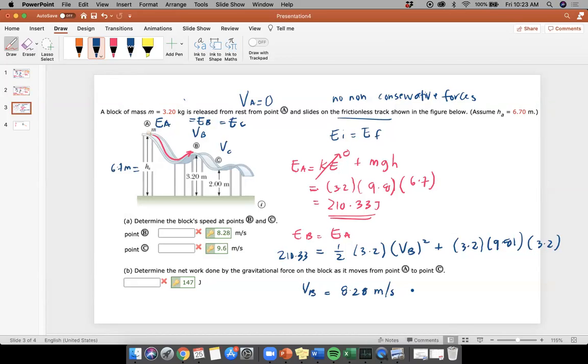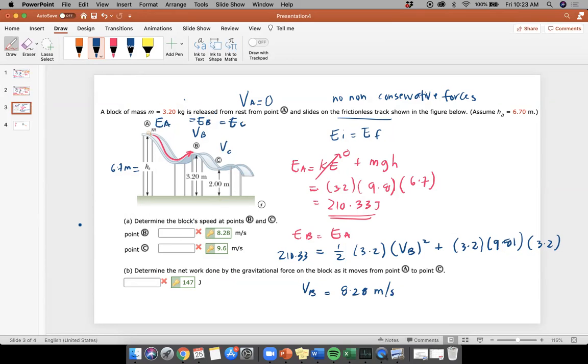And if you already know how to solve for the velocity at B, you will know how to solve for C. Same thing. If EA is equal to EB, it should also equal EC based on the conservation of energy. No matter what happens to mgh, no matter what happens to the velocity, the E should always be constant.